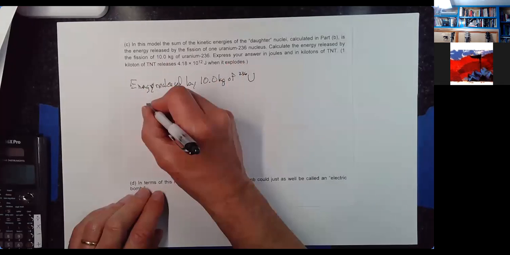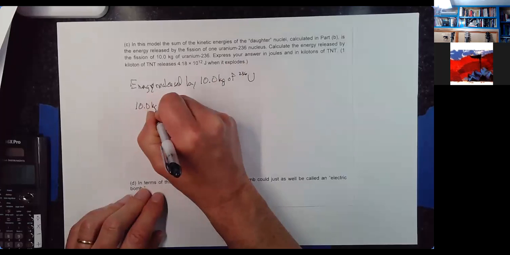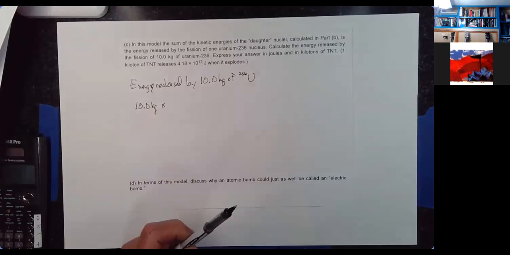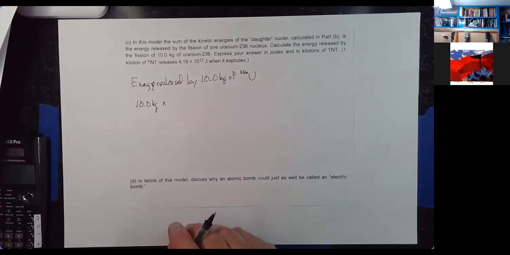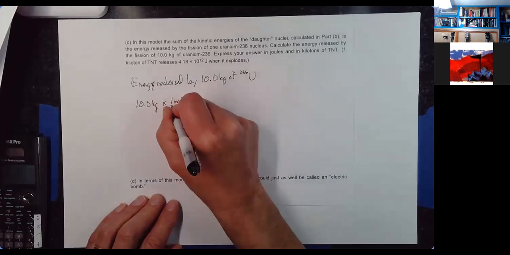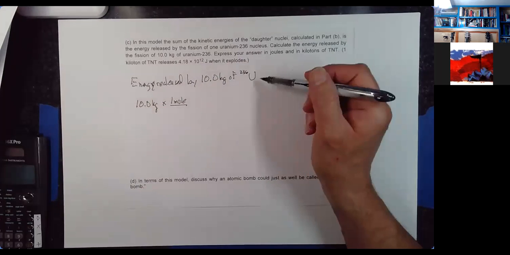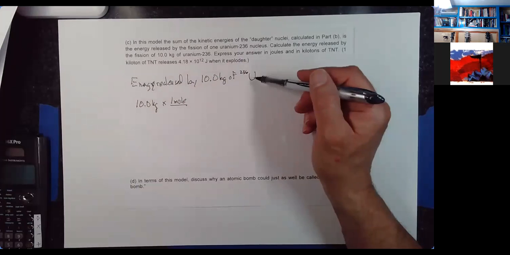Well, I'd start with my 10.0 kilograms, and I would multiply that by 1 mole over, now this is something, uranium-236 is going to have a molar mass of about 236 grams, and so I could write that.